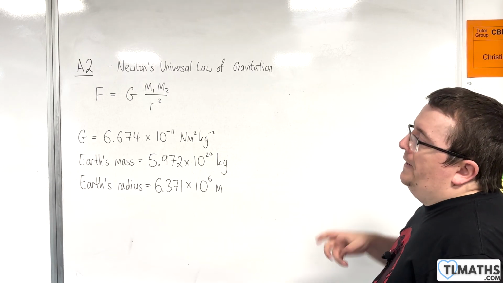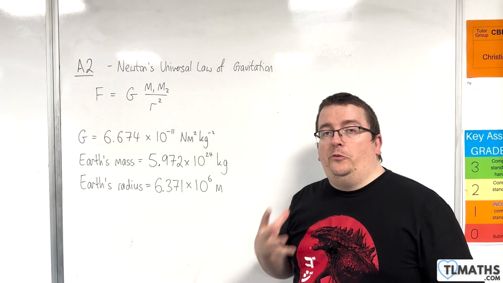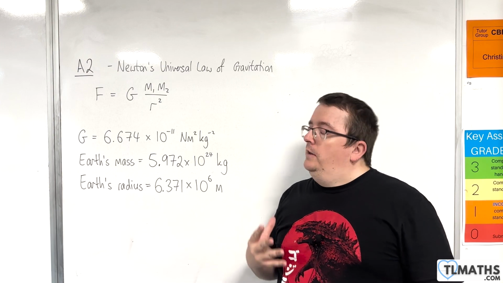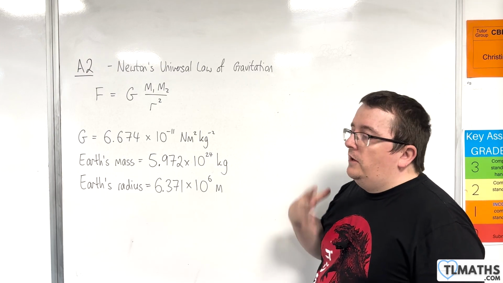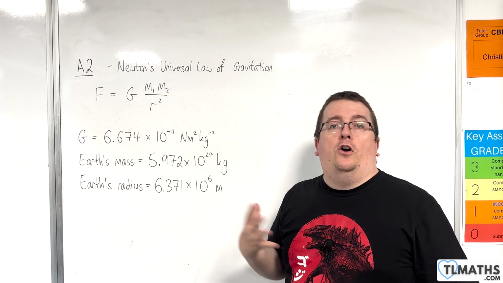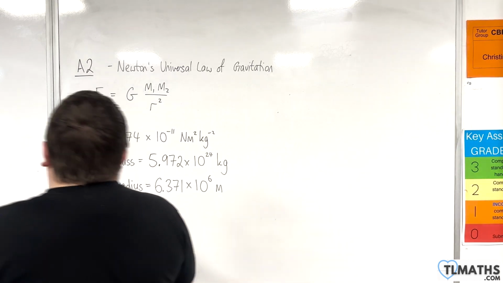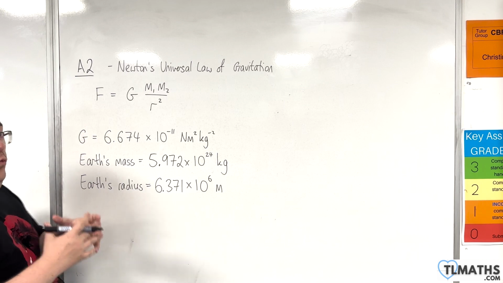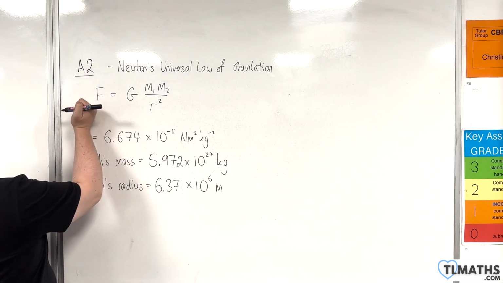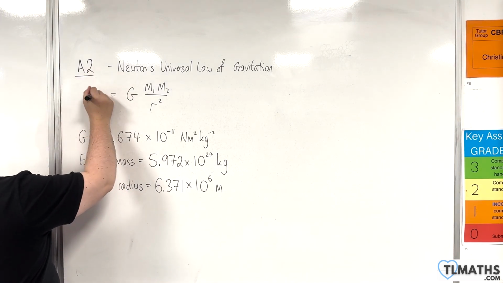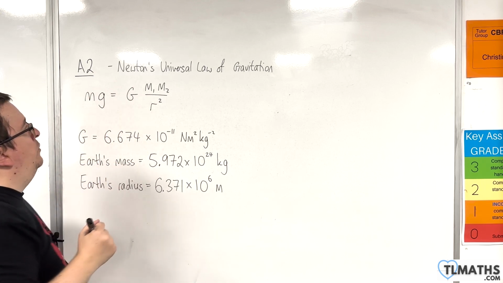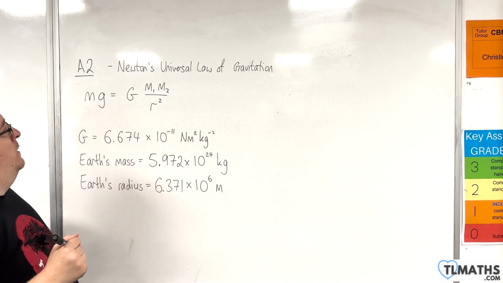Okay? Now, what we can do is we can use this formula to actually find the acceleration due to gravity of a falling object, because that force would be looking at the weight of that object, which we can write as mass times gravity. Okay?